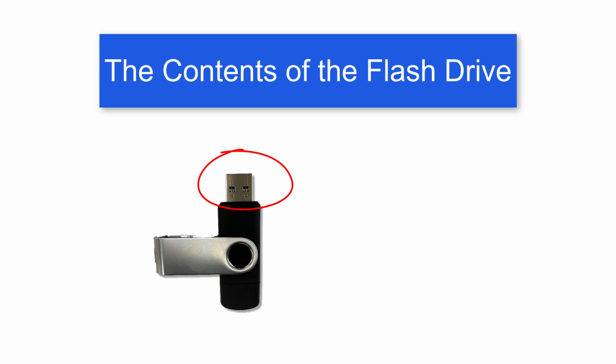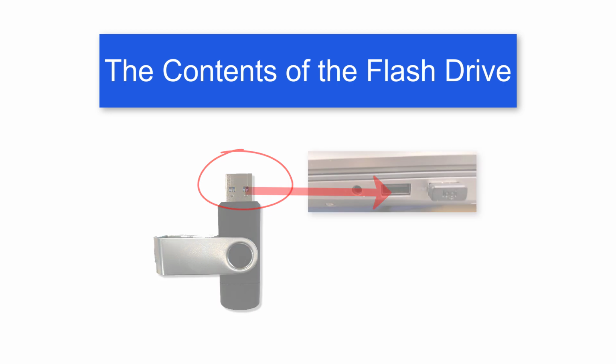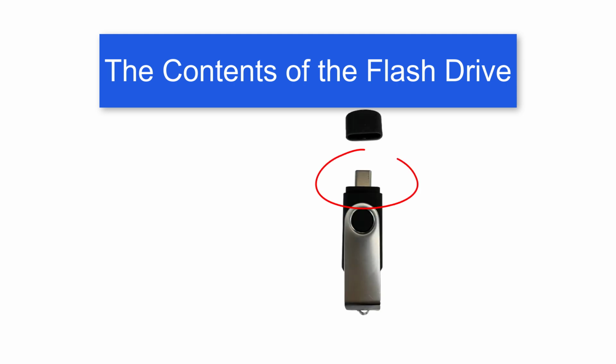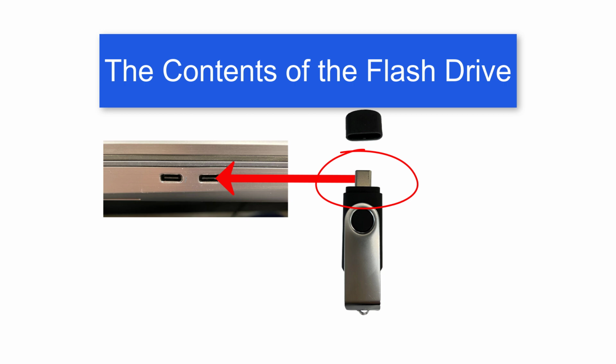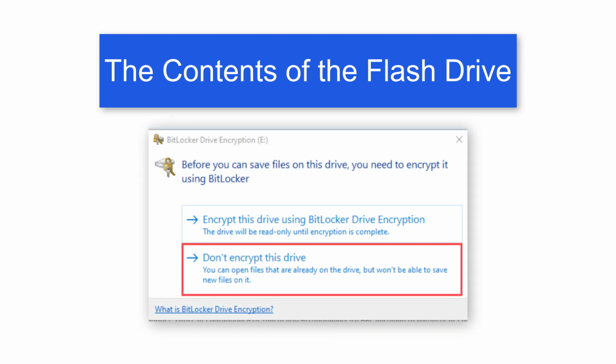Insert the USB-A end of the flash drive into the USB-A port on your device, or insert the USB-C end of the flash drive into the USB-C port on your device. If your device has encryption software installed, you may see a window similar to the one shown here. Do not encrypt the flash drive.